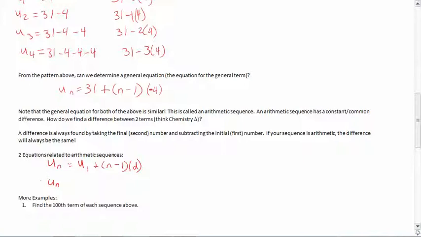So un should be subtracted from un plus 1. Un plus 1 minus the number that came before it, right? Final minus initial gives us the constant difference, or the common difference. All right? So that's the basic idea behind it.